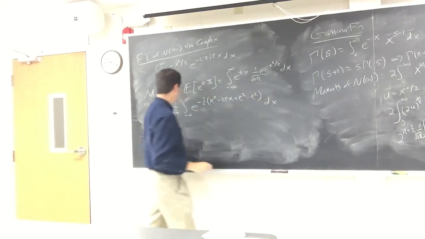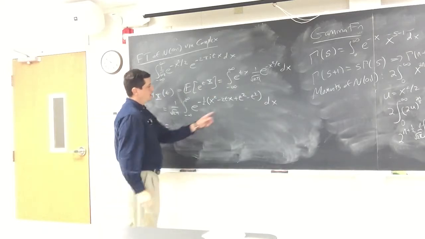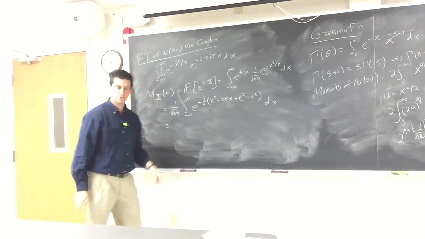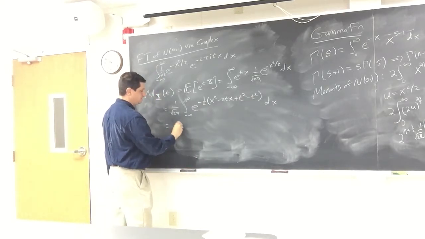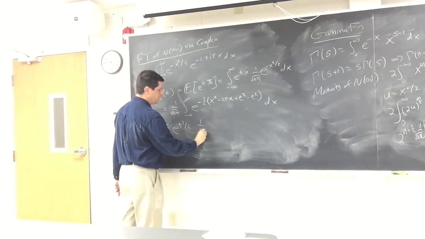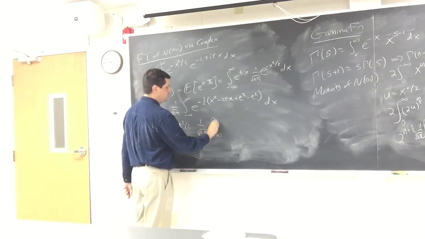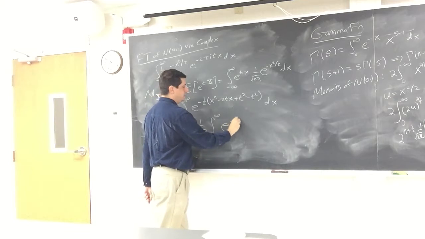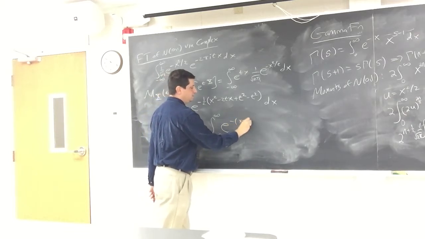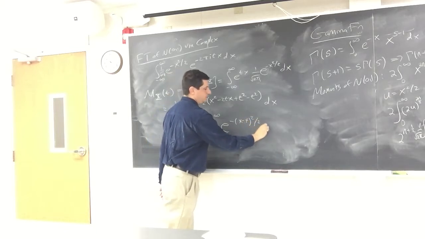dx. So I can pull out the e to the negative 1/2 times negative t squared, and I'll get an e to the t squared over 2, times 1 over square root of 2 pi, integral from minus infinity to infinity, e to the negative 1/2 of (x minus t) squared dx.